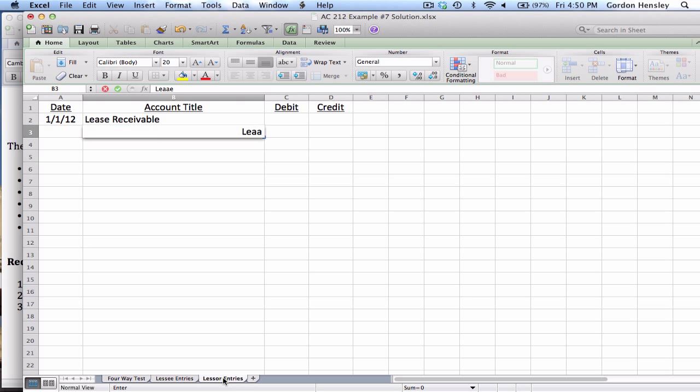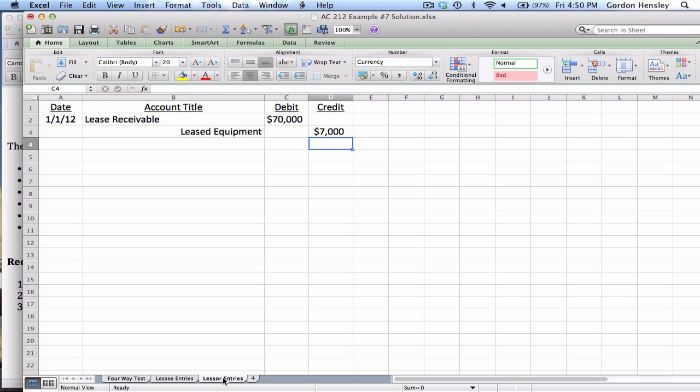And since you can't have the same asset recorded on 2 sets of books, then we want to actually remove the leased equipment from their books. But on their side, they're going to record it at the full value of the leased equipment, which is the fair market value of $70,000. So that completes the journal entry for the lessor. And that completes this example on leases.